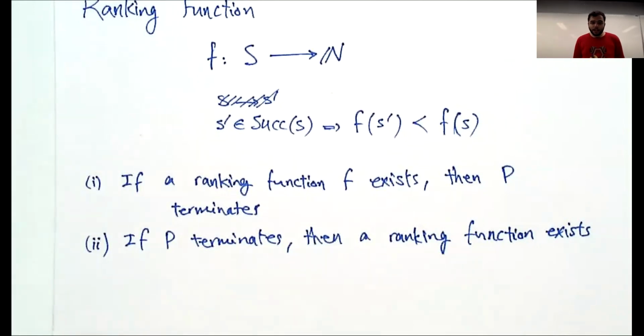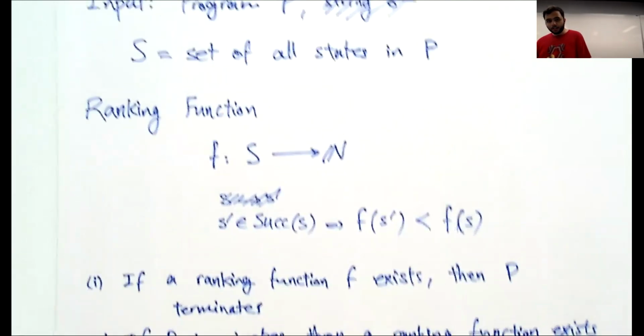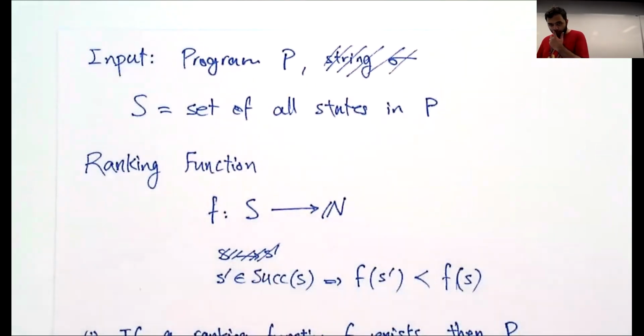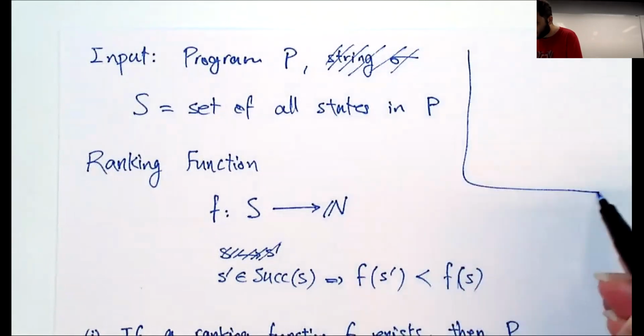There is some caveat here, and the caveat is that I have to change the definition of my states, because I can have a program that has an infinite loop, but somehow never gets to that infinite loop. Let me write a program here.